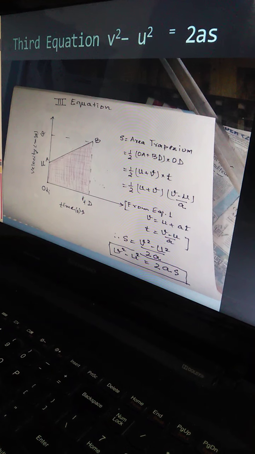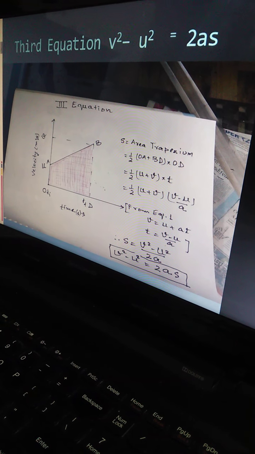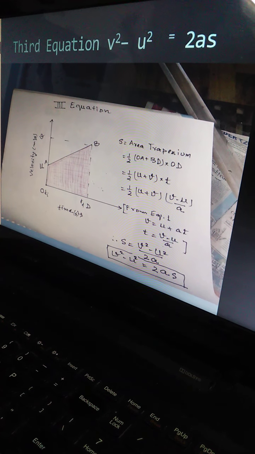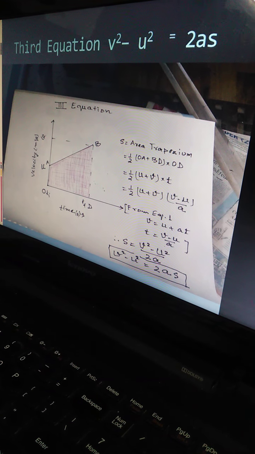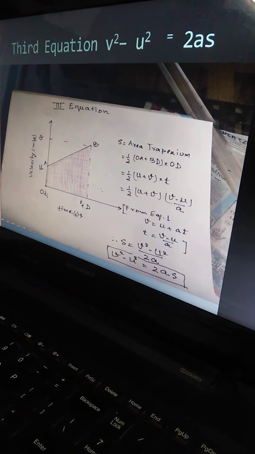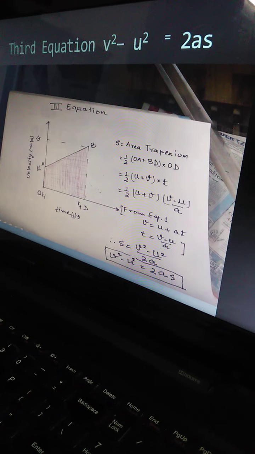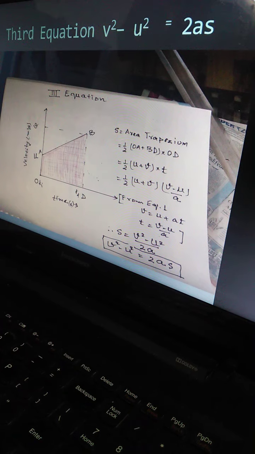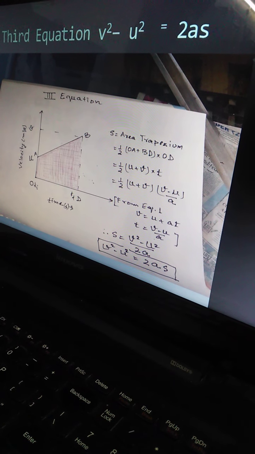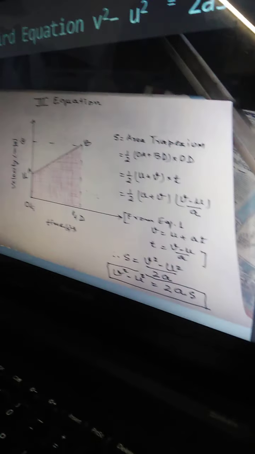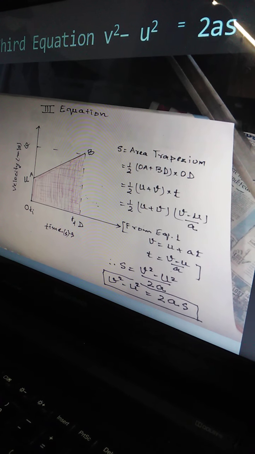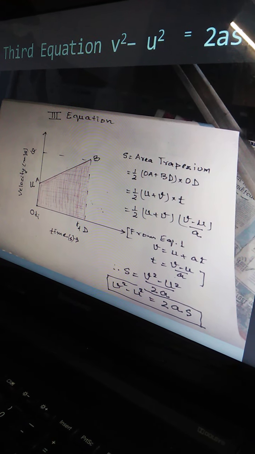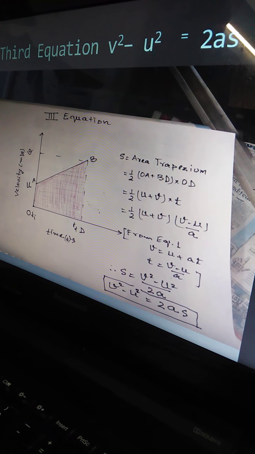Now, I don't want t in my business. So what we do? Again, simple replacement from equation 1. Do a little bit of transposing here and there. And what you get? t equals (v minus u) upon a. So when you do a little bit of working out, you multiply. s will be equal to (v square minus u square) upon 2a.